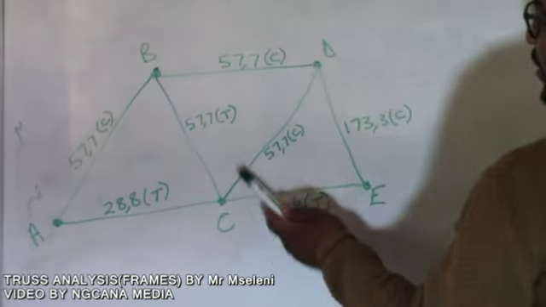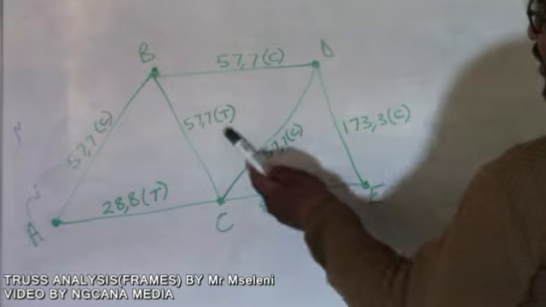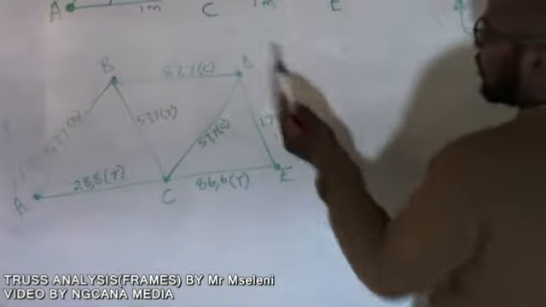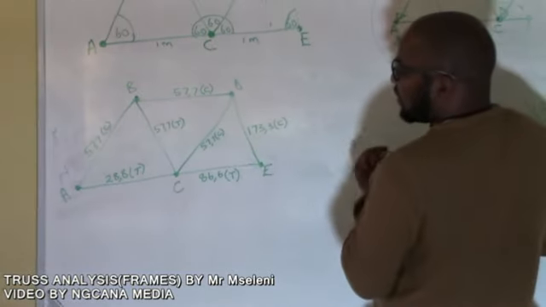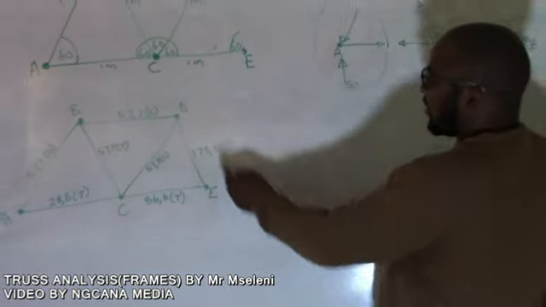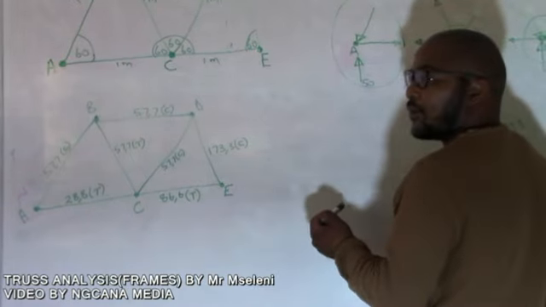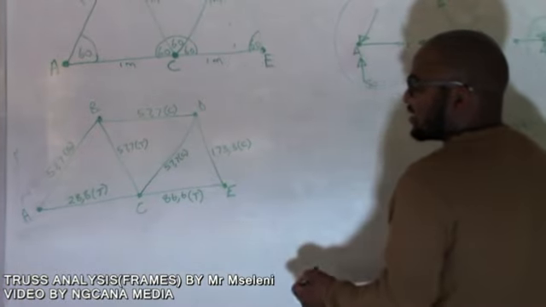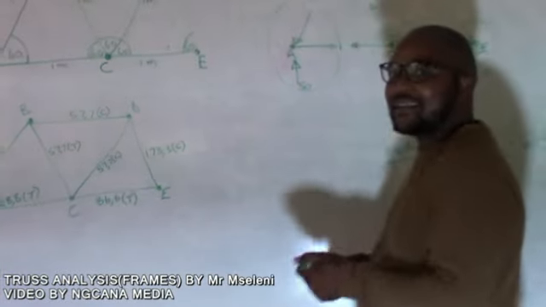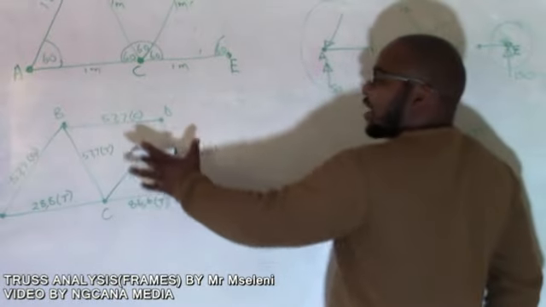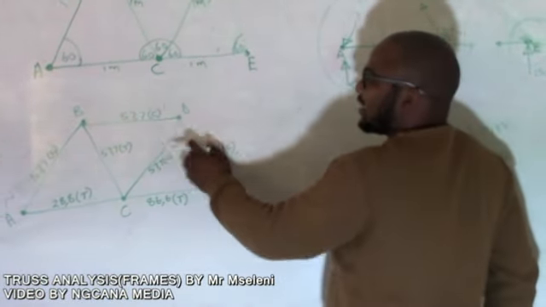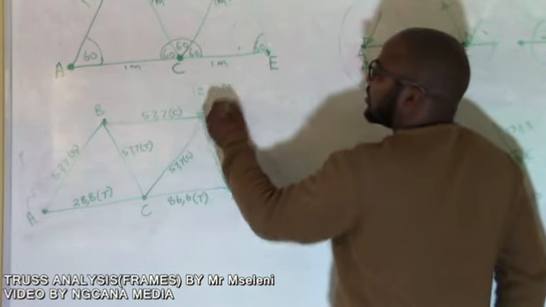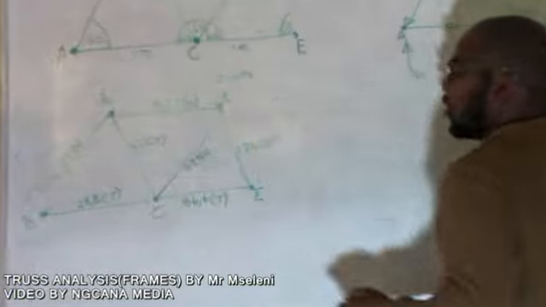This one is 57.7 under tension, and that one is 57.7 under compression. CD is 57.7 under compression, DE is 173.3 under compression, and CE is 86.6 under tension. All this frame feels those internal forces when the 200 newtons is applied on top of point D.